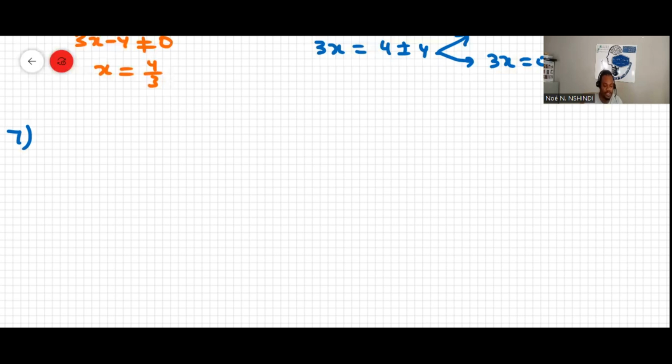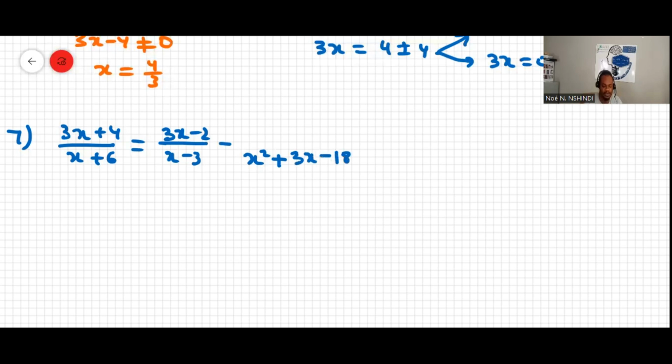That makes (3x plus 4) over (x plus 6) equal to (3x minus 2) over (x minus 3) minus (x squared plus 3x minus 18) all under 23x.